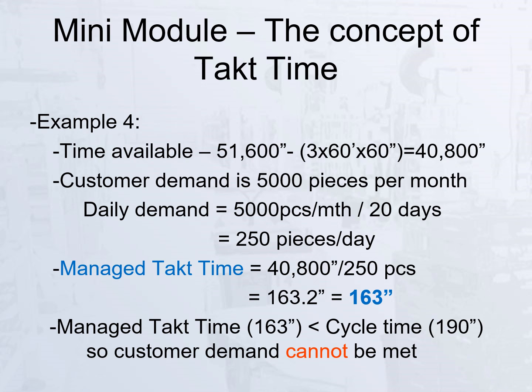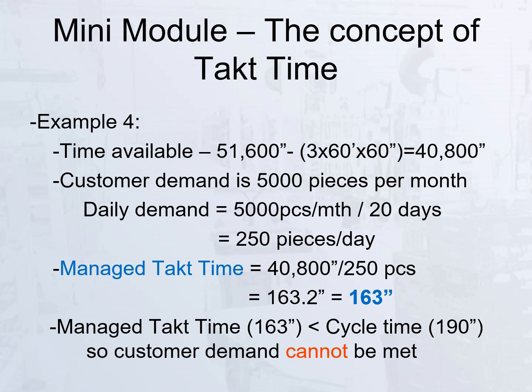So in this example, our time available is going to be equal to the 2 shifts, which is 51,600 seconds, minus 3 changeovers times 60 minutes in an hour times 60 seconds in a minute. So 3 times 60 times 60 is equal to 10,800. We subtract that from the 51,600 seconds, and we come up with a time available of 40,800 seconds.